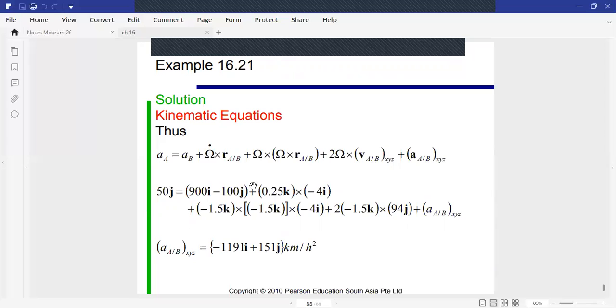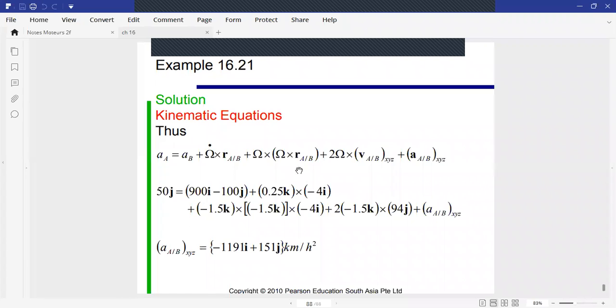So now we replace: AA is given, it's 50J. AB is decomposed into tangential and normal, and we have seen that it's equal to 900I minus 100J, and alpha is along positive K. This is why we have considered plus 0.25 K. Vectorial vector BA, which is minus 4I.